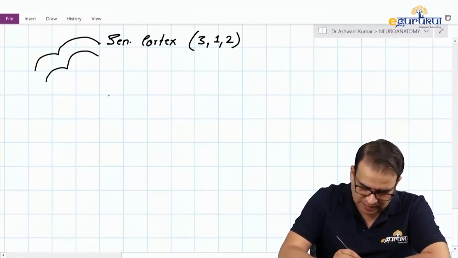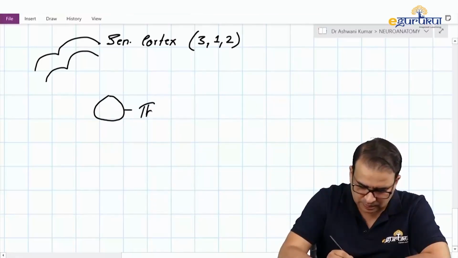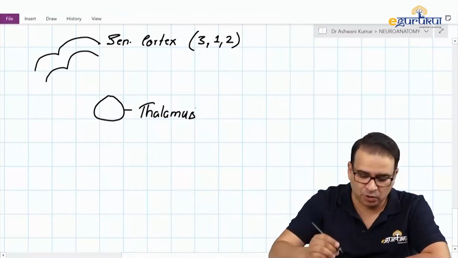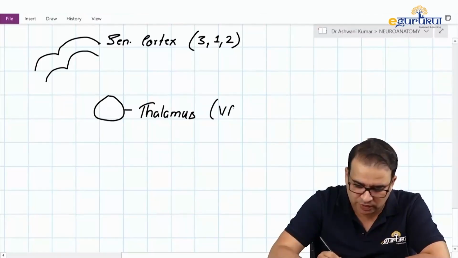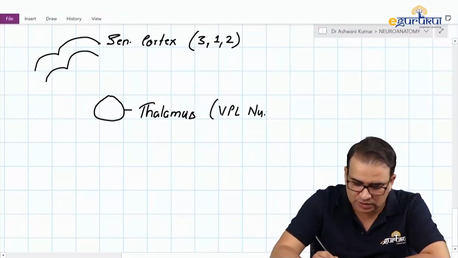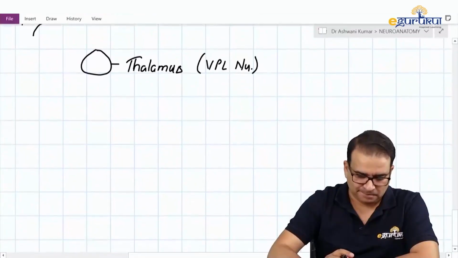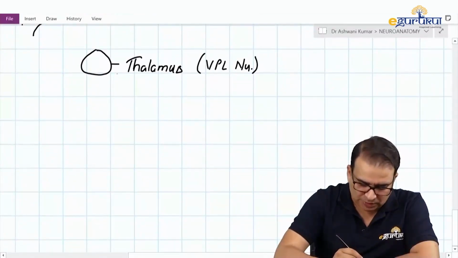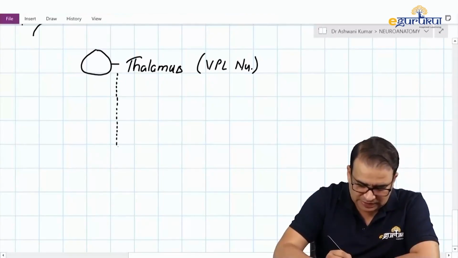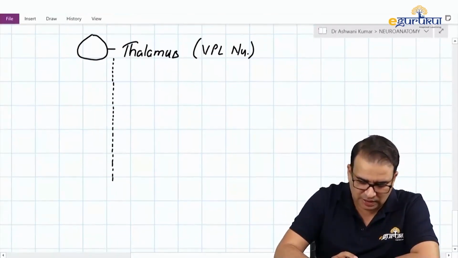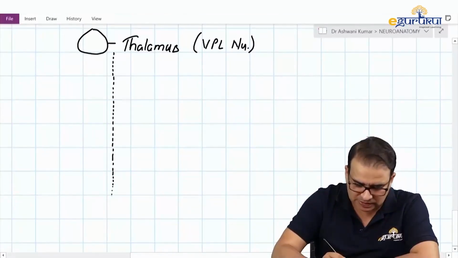Once again, this here is the thalamus. And we are still talking about sensations coming from below. So what nucleus do we need to continue with? VPL, ventro-posterior lateral nucleus. L for lateral, lower. Once again, I would request you to draw the midline here. That's the midline of the brainstem, and this midline will continue as the midline of the spinal cord also. Just try to make it a little longer so that we can clearly show where the decussation takes place.